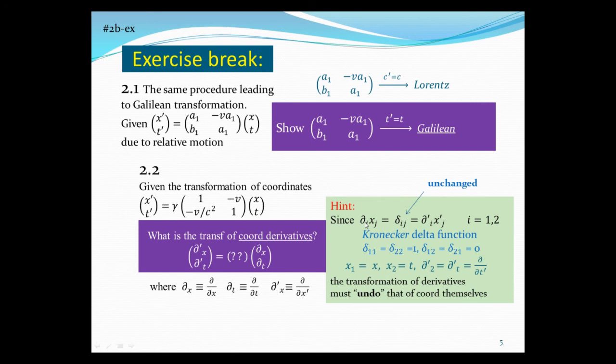When the del operator acts on the coordinates x, you get the Kronecker delta, which is equal to 1 when i equals j, and 0 when i does not equal j.